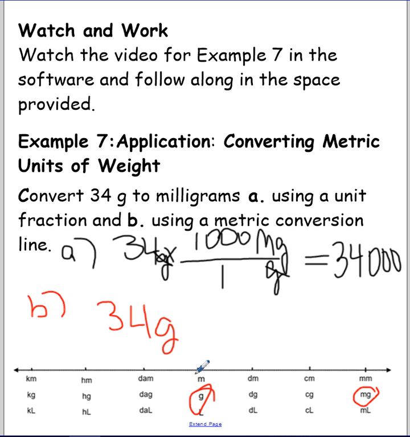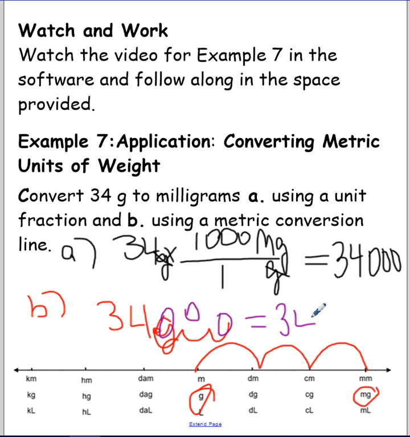To get there, we're moving 1, 2, 3 spaces to the right. So we find our decimal and move 1, 2, 3 spaces to the right. Those 3 spaces have to be filled in with our zeros. So that gives us 34,000 milligrams that way as well.